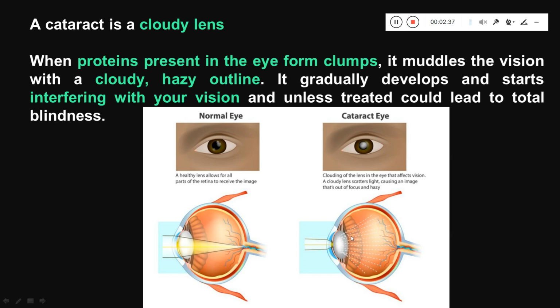Instead, it gets scattered. Since it is getting scattered, the data is not processed properly, and you are not able to see things properly. It looks hazy, cloudy.